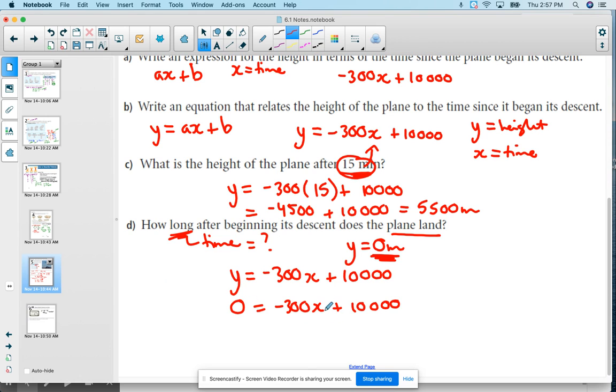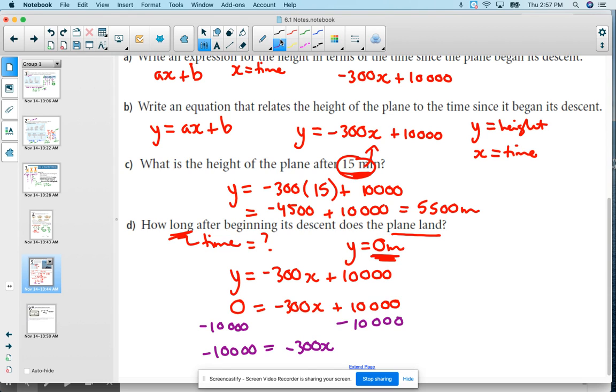So now our algebra rules apply. I want to get x on my own. Well, I look at my add or subtract and apply the opposite operation. So plus 10,000, I'm going to minus 10,000. And then I still have negative 300x.